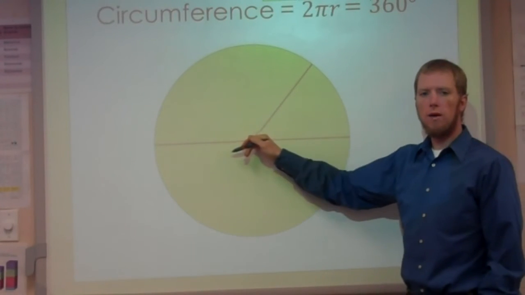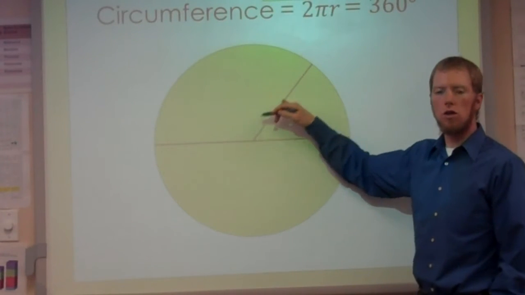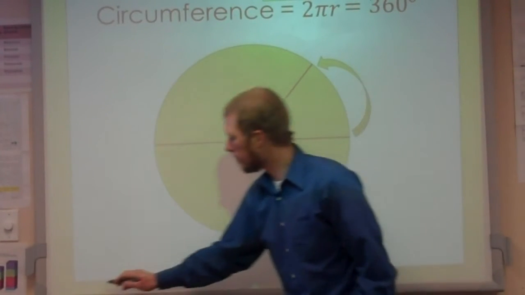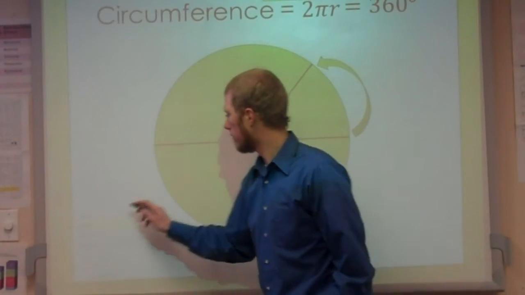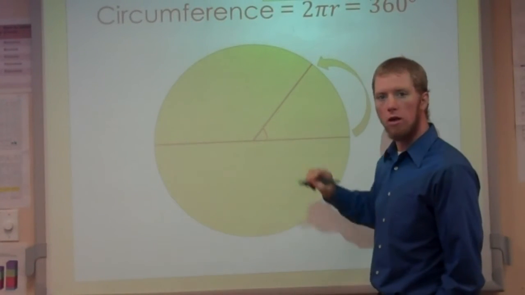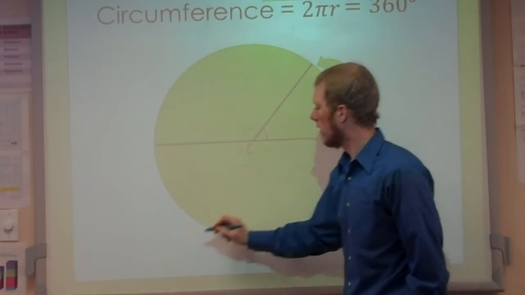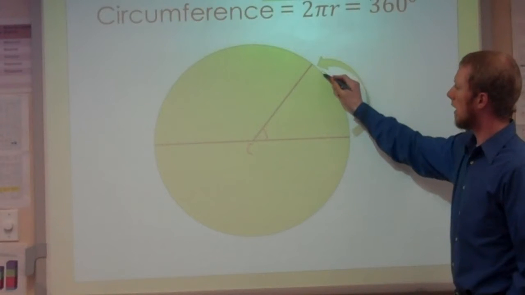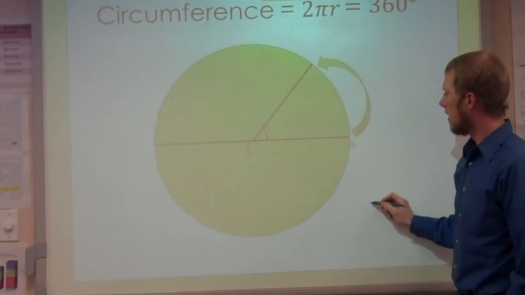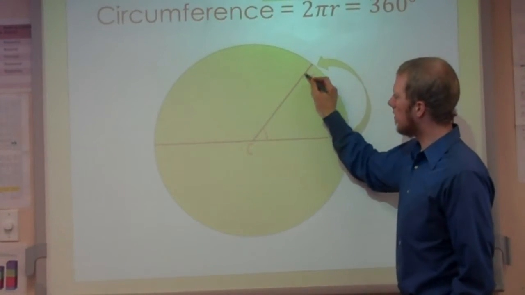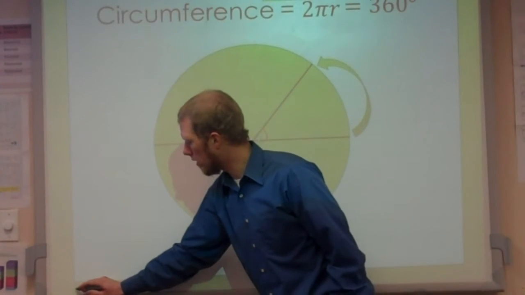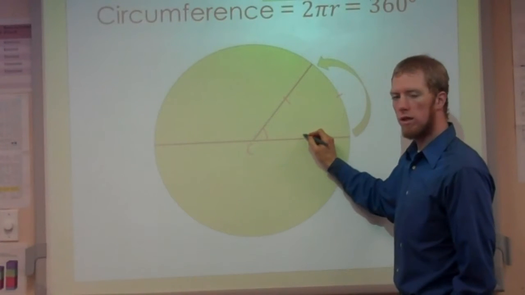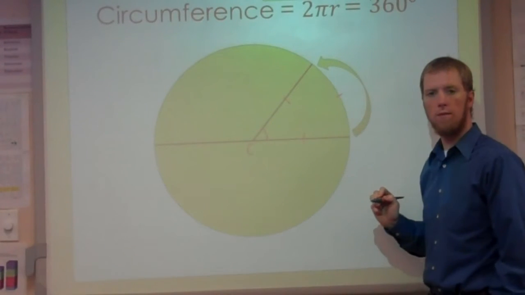Well, when you draw the diameter of a circle and an additional radius such that the angle created, the central angle here, forms an arc length here that is equal to the length of the radius, so that we know that this is equal to that.